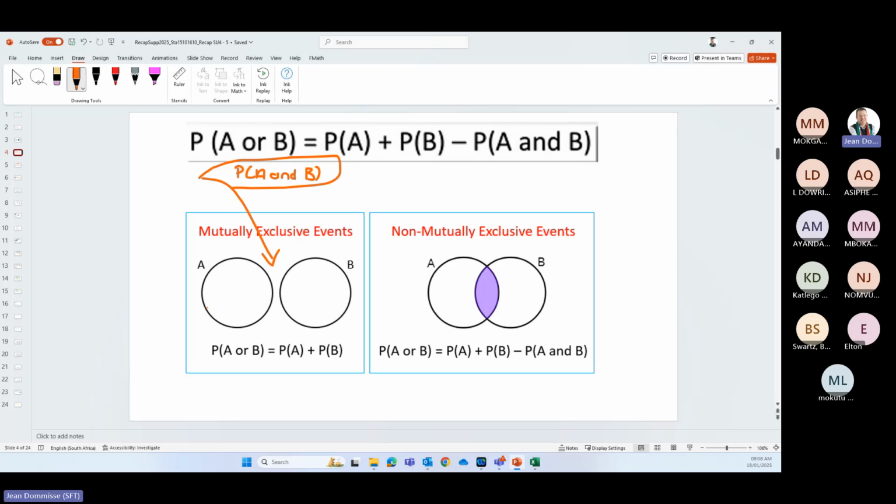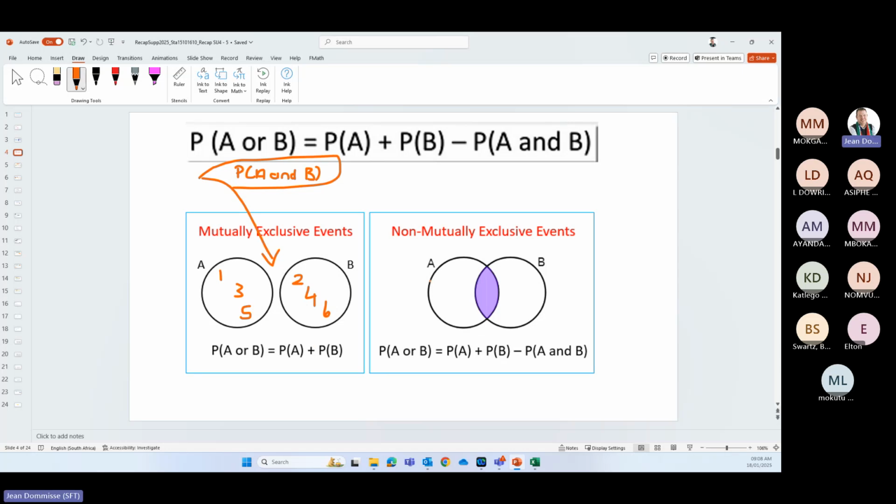Say you're throwing a die. Event A is all the odd numbers, 1, 3, and 5, and event B is all the even numbers, 2, 4, and 6. You can see there's nothing in both of them, so mutual exclusivity is true.